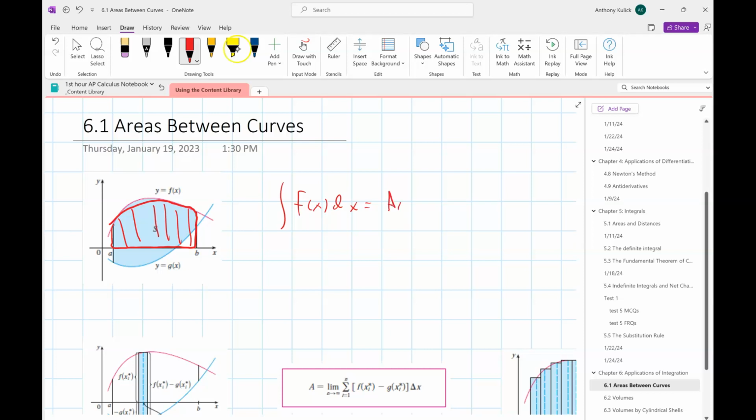Everybody agree? And then the integral from A to B of g of x dx should equal that area there, right?